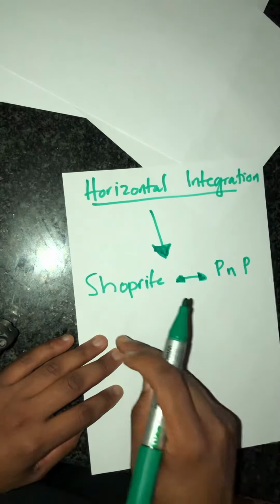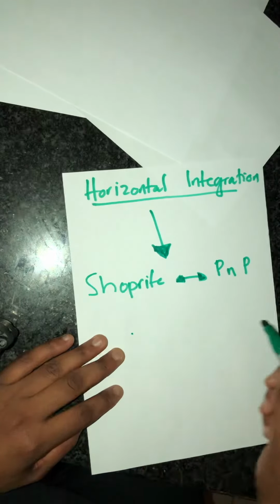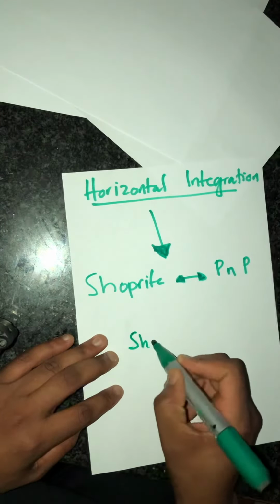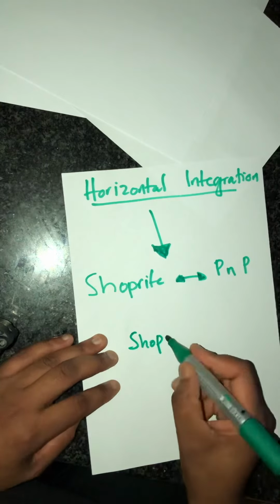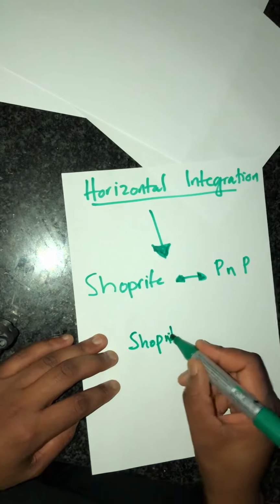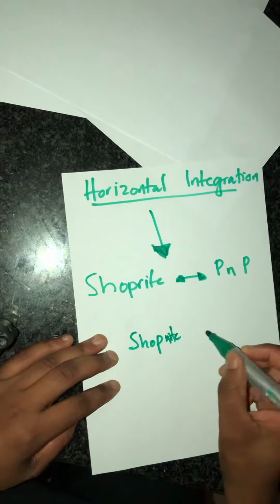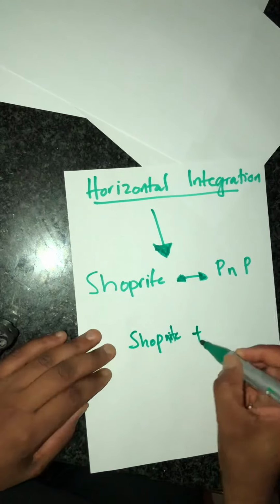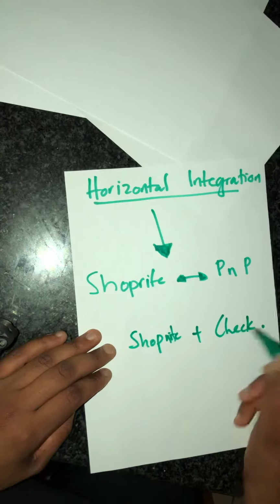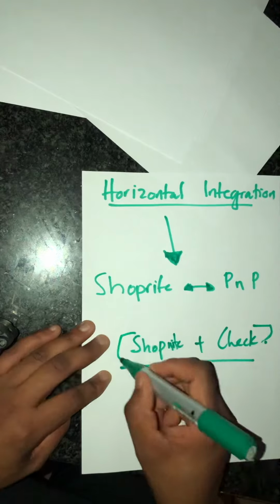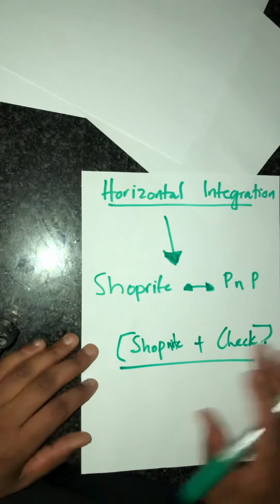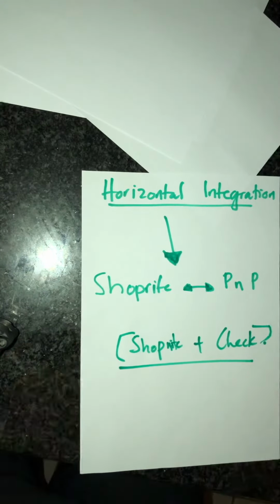Of course, we know ShopRite and Checkers are a perfect example of horizontal integration, because ShopRite plus Checkers is one business, but it's different in terms of the stores, though they both have the same head office.